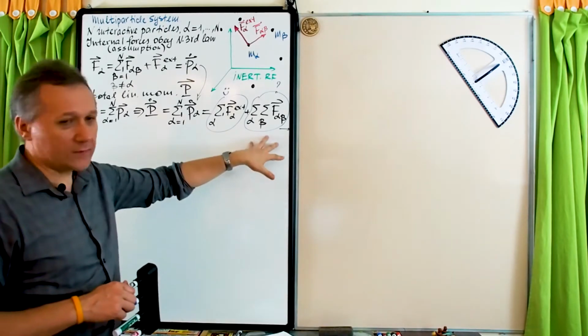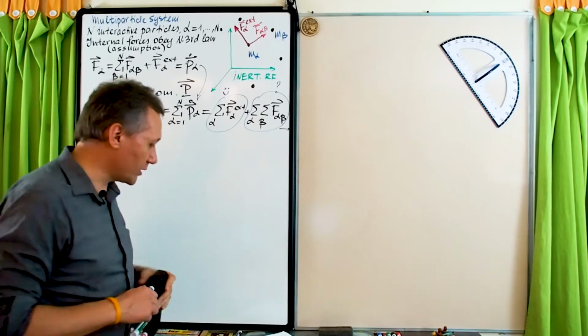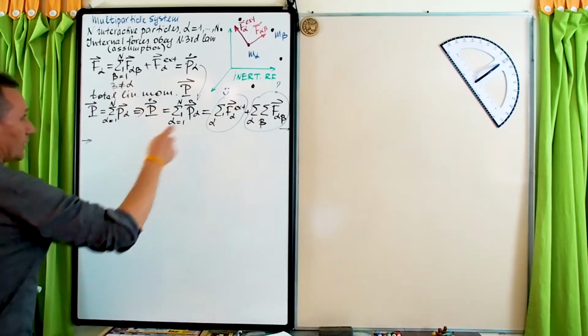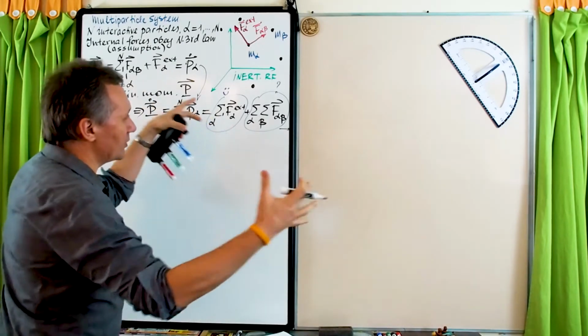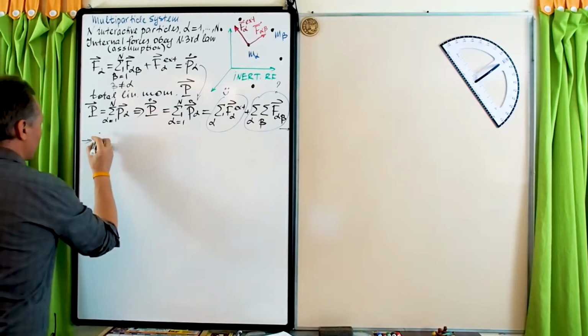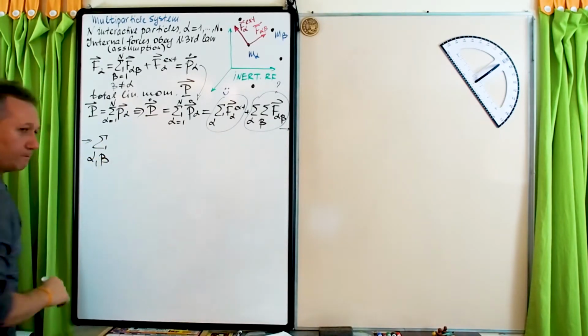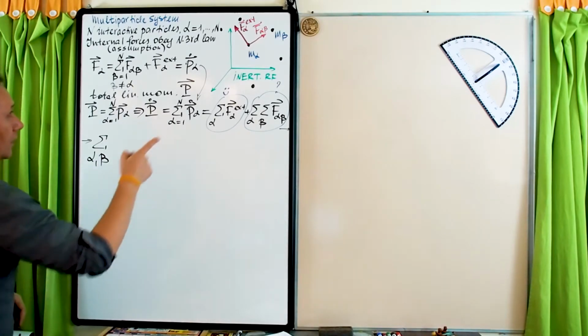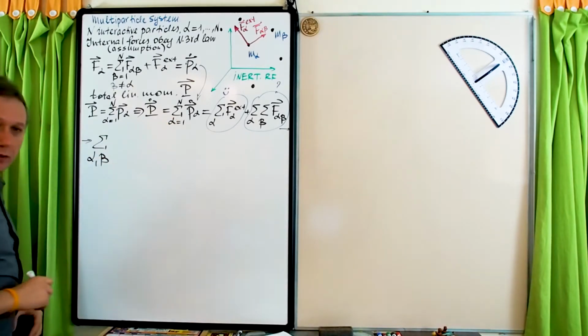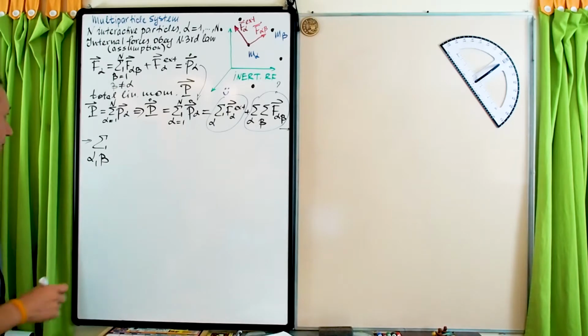So this term. Let's try to see what we're going to get from that term. Okay, now double sum, I will just combine it as a summation over alpha and beta, right? And now I will start doing some finicky things.